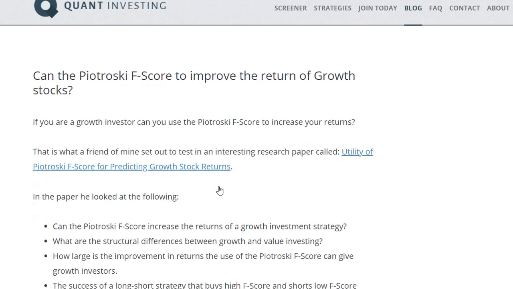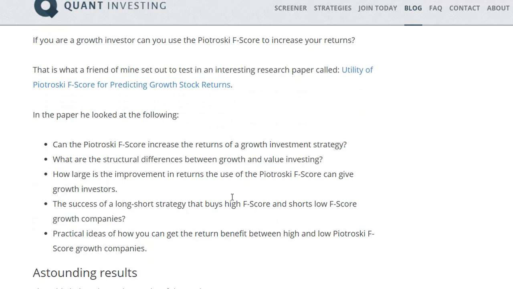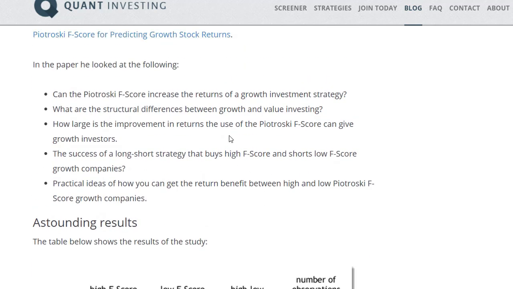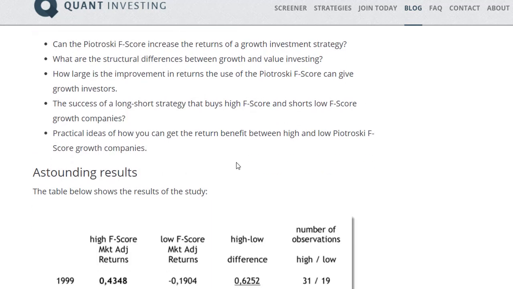Tim here also has a test where they are combining the Piotroski score with a growth stock strategy, and that is where I see some really good benefits with the Piotroski score. I'm not sure I personally would just put money into something scoring a high Piotroski score, but combining it with something you already do is actually quite effective.